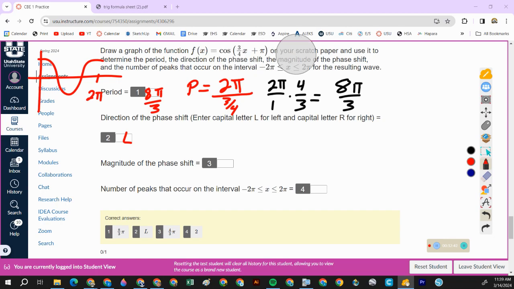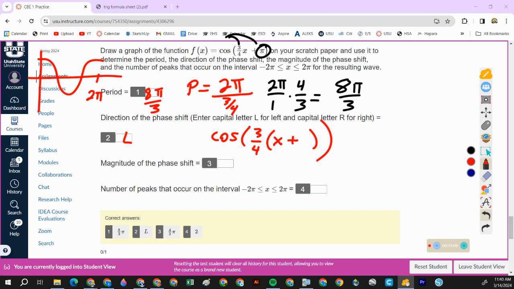Well, I need to pull out this 3/4. So the cosine of 3/4 times x plus something. What is that something? Well, I started with a pi, and I pulled out a 3/4. What's left?